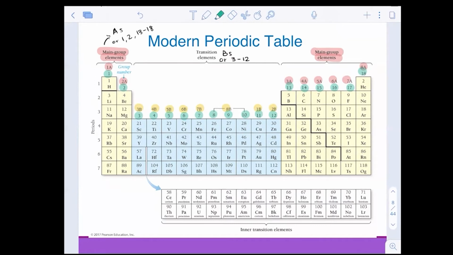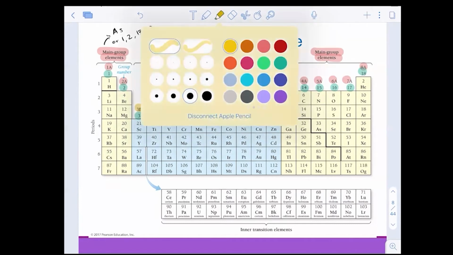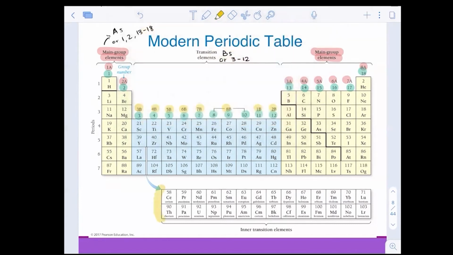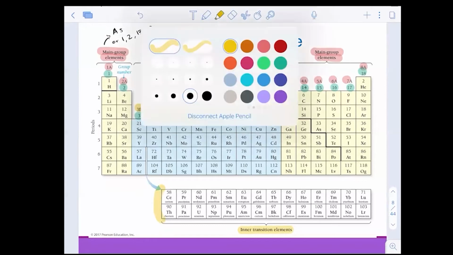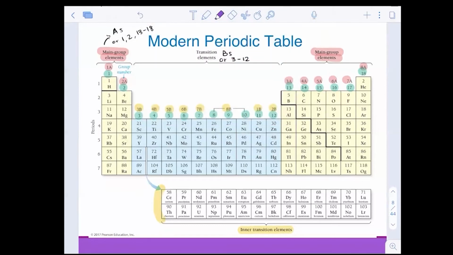Again, the inner transition elements, right there, the lanthanides and actinides, they are just as unpredictable as the transition elements are. You can call them transition elements, or you can call them transition metals. They are metals. Now, when we look at the metalloids, some periodic tables like this one here, which was from the e-text version of your textbook, don't have the metalloids on there.